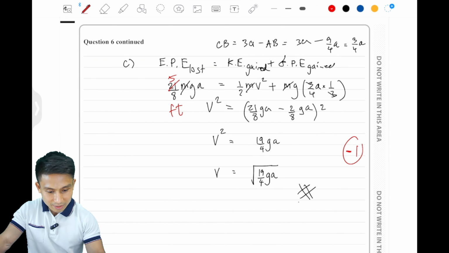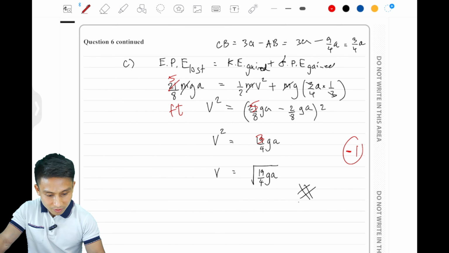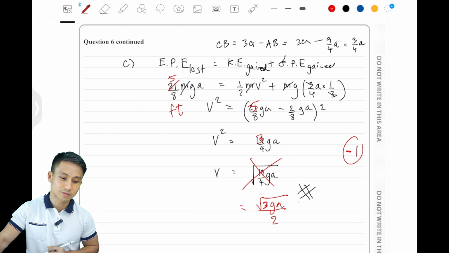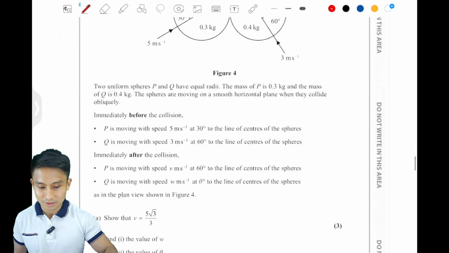We should get, if we solve everything, so this should have been 5. So that would be 3 instead, right? So it should be root 3 GA over 2. Yeah, that should be the right answer there. Okay, so that's just for number 6.